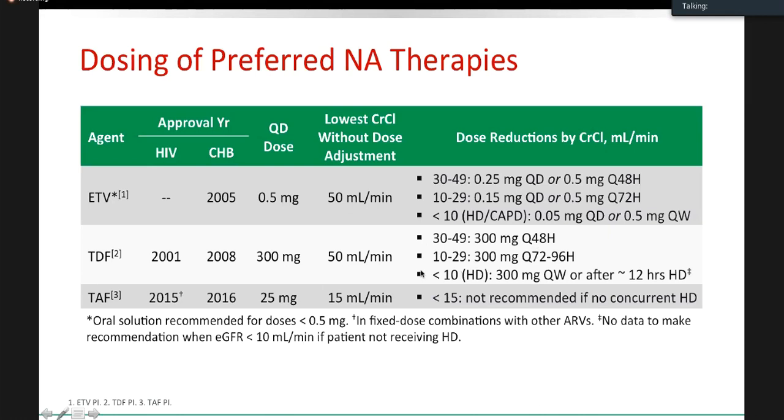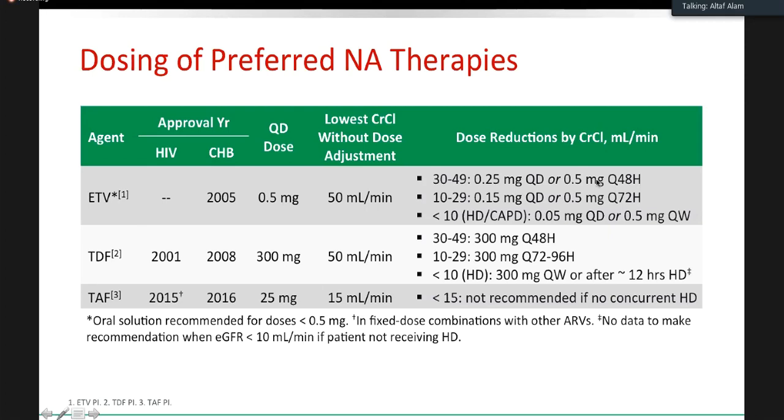End-stage renal disease, creatinine clearance less than 10, and on hemodialysis, 300 milligram every week. So simple, you can easily remember that, but I'm really surprised that still today, we see patients with CKD 4, 5 on normal dose of entecavir or tenofovir.